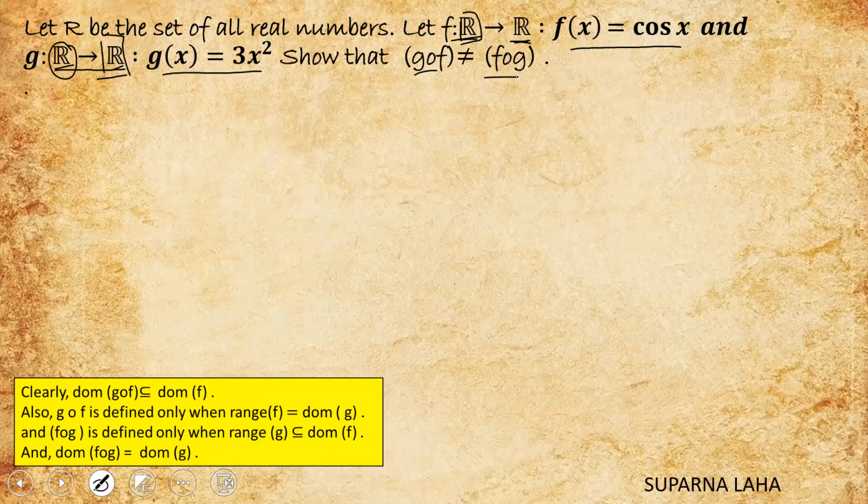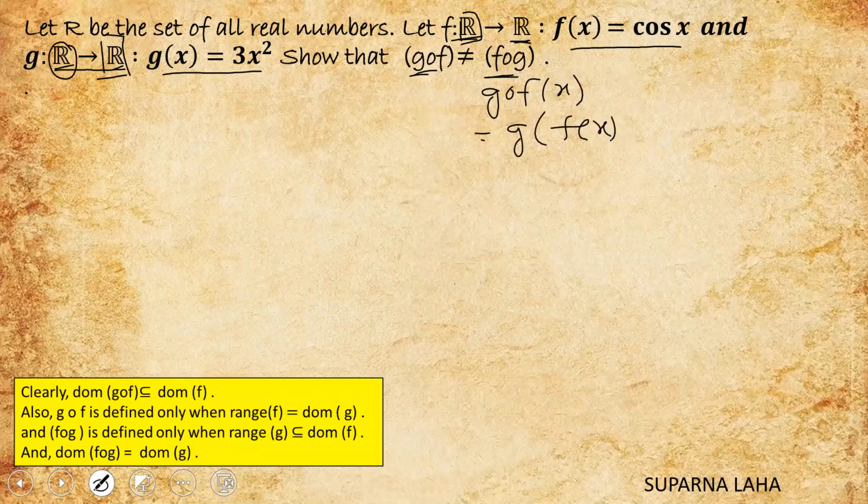Now you need to check that these functions are not the same. We already discussed that in general they are not equal. Let's check by an example. So g of f of x. What is f of x? f of x is cos x. We will move from inside to outside.